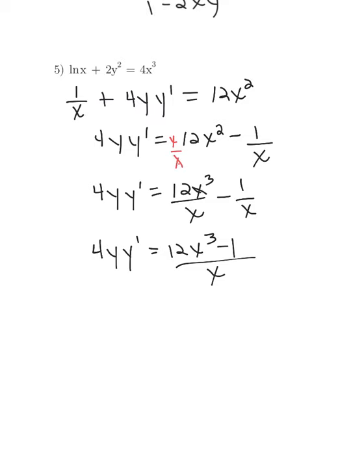To solve this, we need to divide by 4y on the left side. But we've already got a fraction on the right side. So rather than taking a fraction and dividing it by something, I'm going to use the other idea that dividing by something is the same thing as multiplying by the reciprocal. So I'm going to take both sides times 1 over 4y.